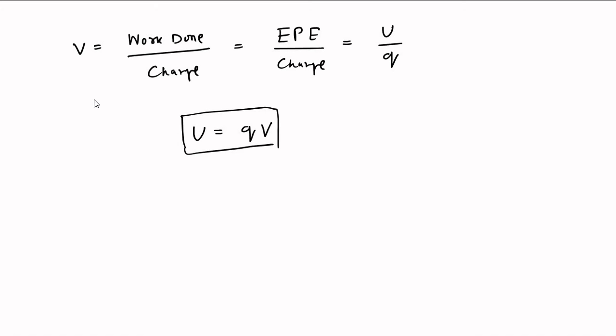Now the SI unit of electric potential is defined in terms of volts. The unit defined for electric potential is the volt.